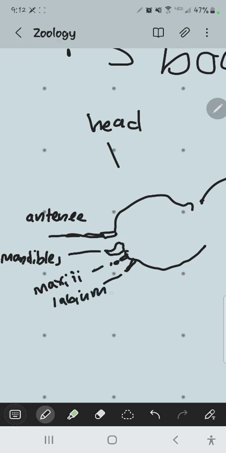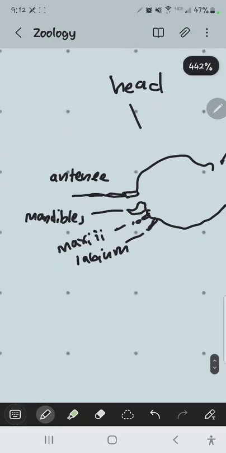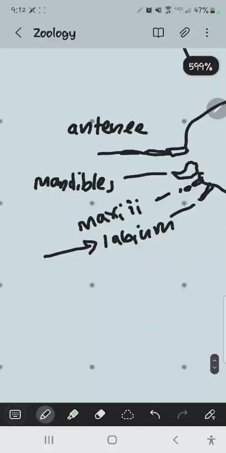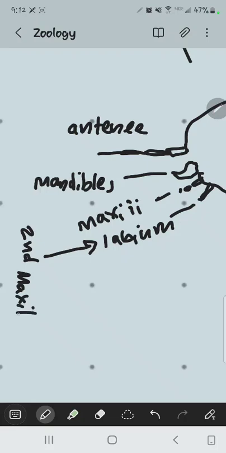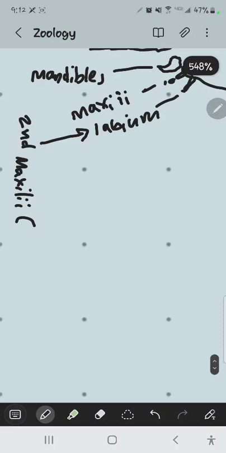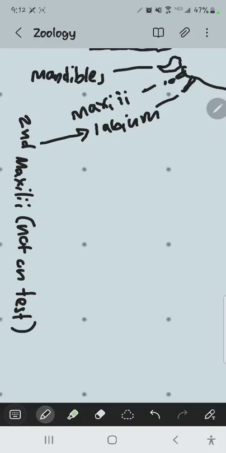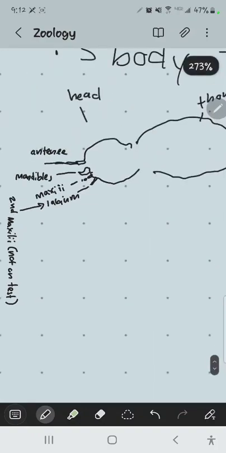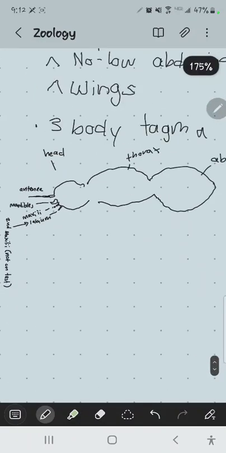But just note that this is really the second maxillae, modified into a fused lower lip. So insects have a mouth part that is kind of like a package. There's a lower lip and an upper lip above the mandible called a labrum. And so they have these more condensed, really specialized mouth parts.